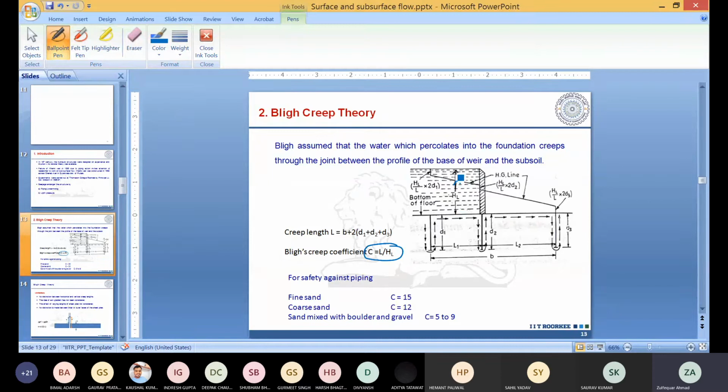This L is the complete length from here to here, because this is a horizontal flow.